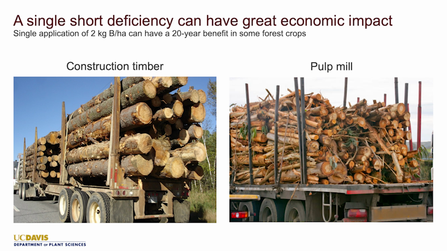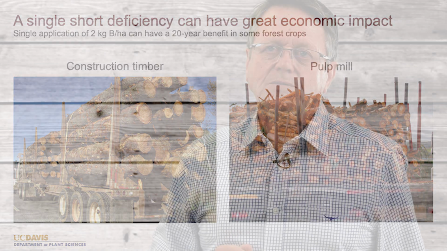Not only is the value of those two products greatly different, the cost of managing and harvesting a product that can only be used for pulp is much more expensive. Interestingly, this problem in forest crops can be solved with a single application soon after planting to prevent that death of the apical meristem and ensure you get long, straight timber.